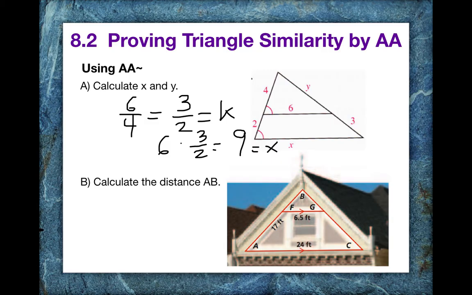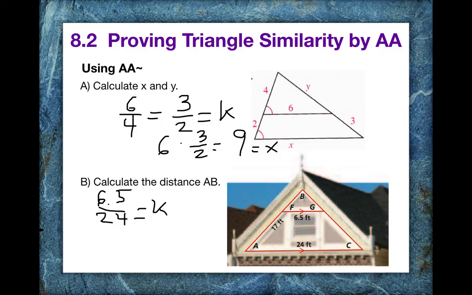So my scale factor is going to be going from 24 up to 6.5. So 6.5 will be on the numerator, and 24 will be on the denominator, and that's my K factor, my scale factor.